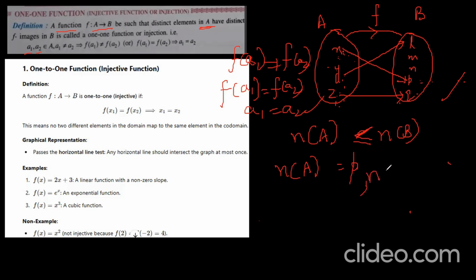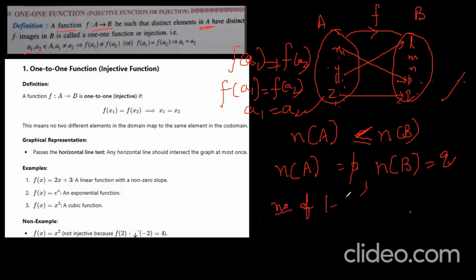And number of elements in set B is going to be Q. Then how many functions it is going to make? Okay, let us observe. How many one-to-one functions from A to B? There is a derivation to derive this, but I am saying directly the formula.